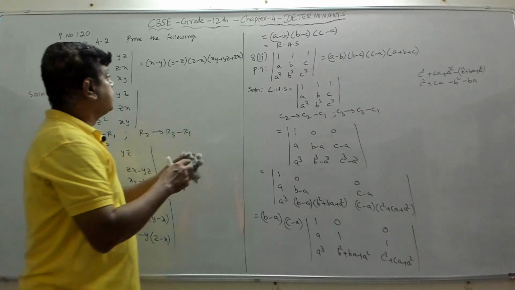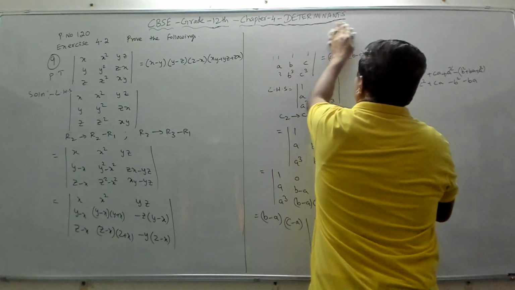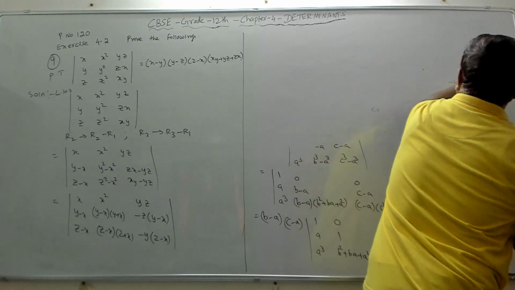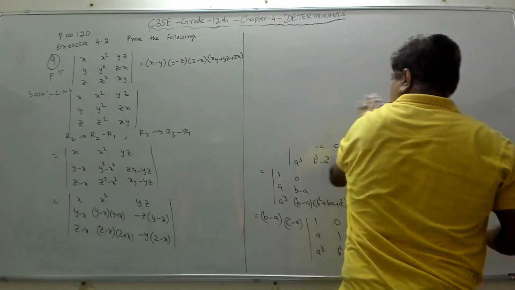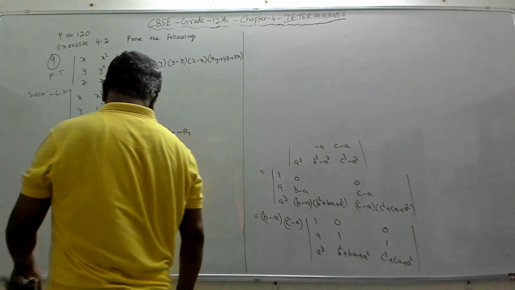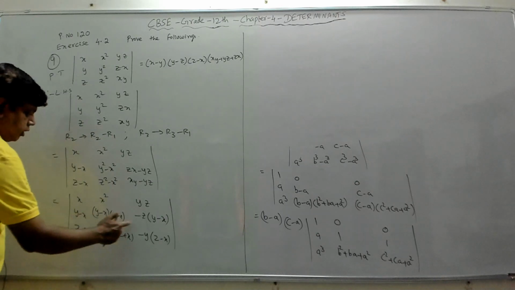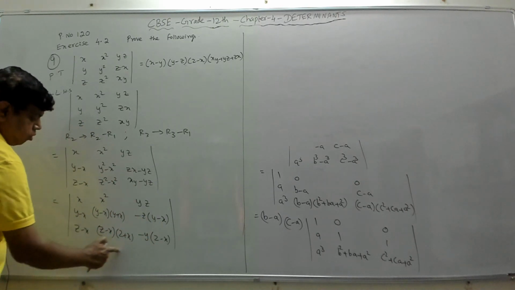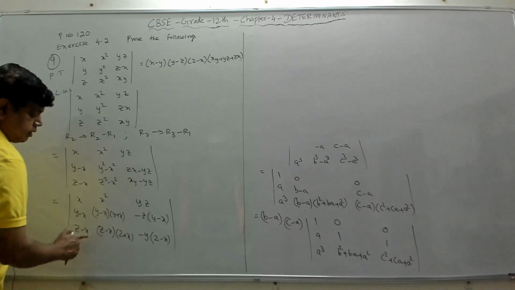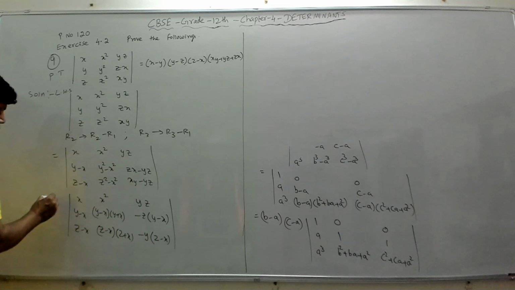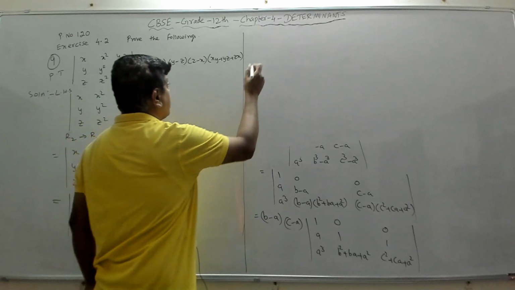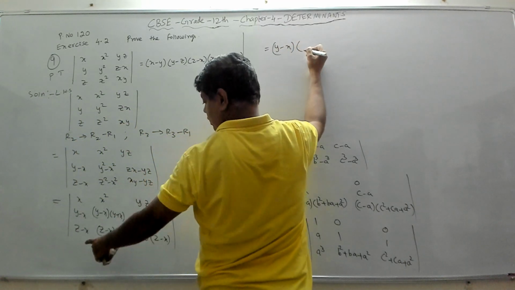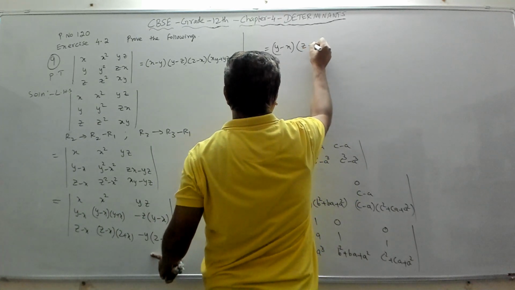Fine. So now the continuation is here. I'm going to write it here, so I erase this. Now if you observe again, this particular second row has y minus x, and this third row has z minus x in each element. So they can be taken out. From row 2, I can take y minus x out, and from row 3, I can take z minus x out.